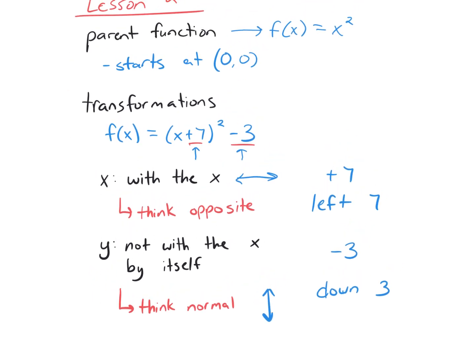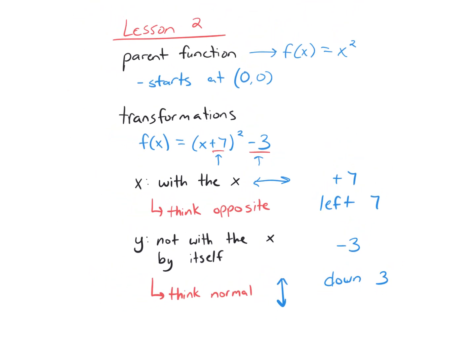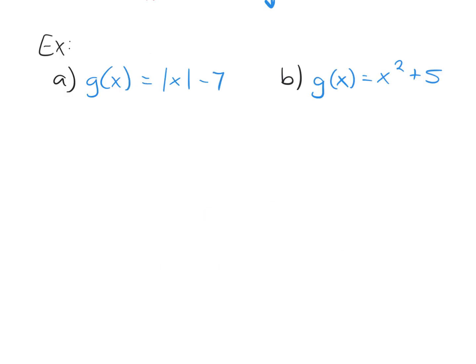That was all lesson 2 was about. Looking at A, let's understand from the parent function, how many ways are we moving? How many different numbers are in this function right now? Technically there's a 1 in front of the x, but that one doesn't matter to us. So just 1.